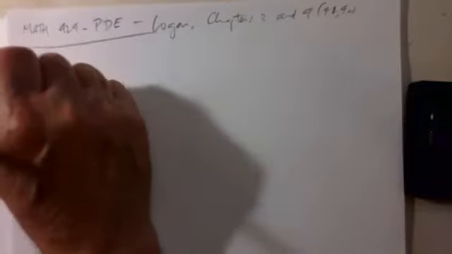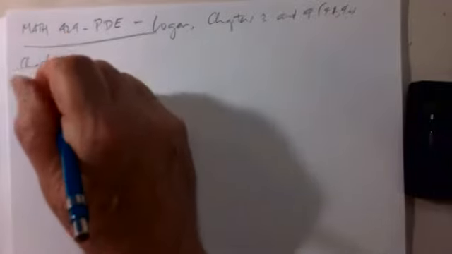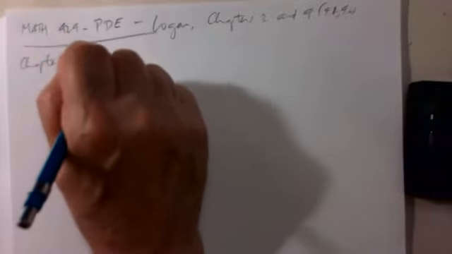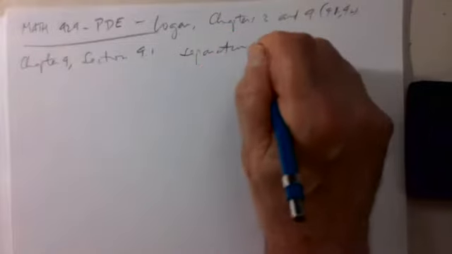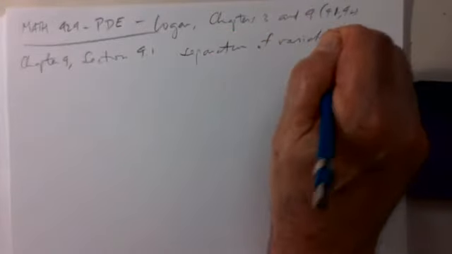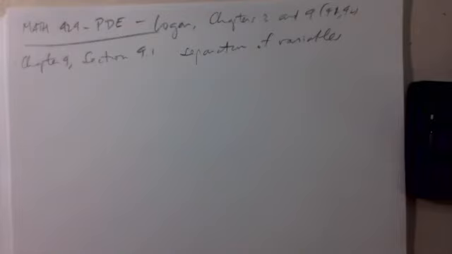So this is chapter 4, section 4.1, which is on separation of variables. And this is in a sense review, but review is important. And Logan, like Farlow, begins with the boundary value problem for heat conduction.